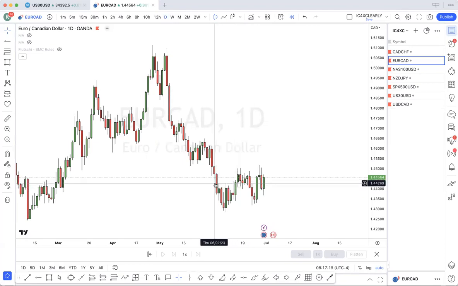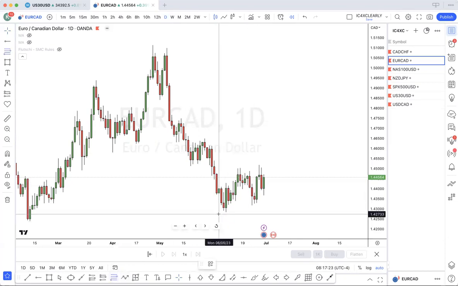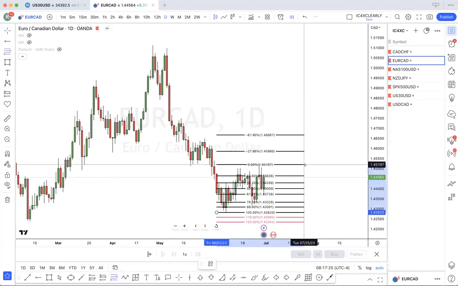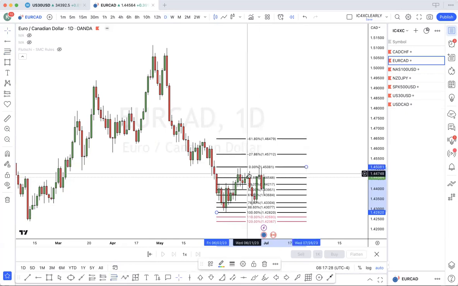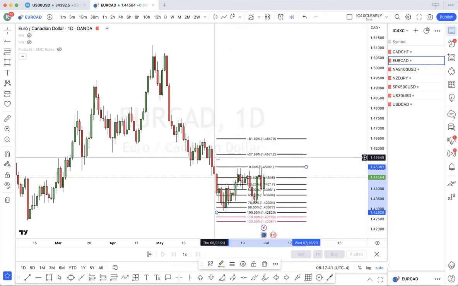There's a little break of structure here. Well, that was a pullback. The price came up, pulled back to the 78. So I would be looking for a continuation up to the negative 27, which is an area of supply.